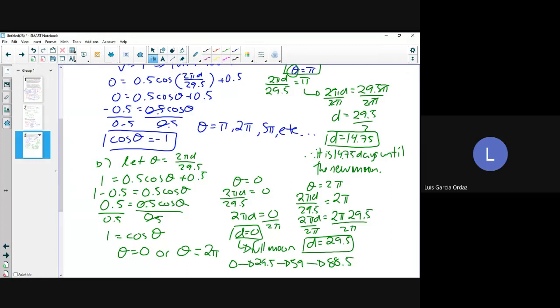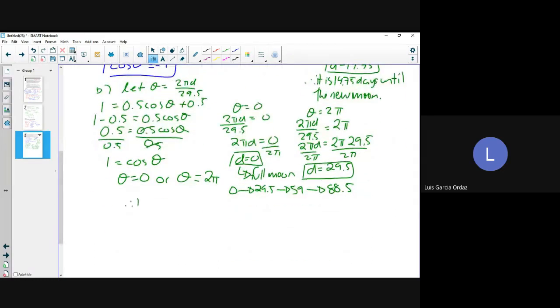So how many full moons will there be in 100 days? 4. There will be 4 full moons in the next 100 days.